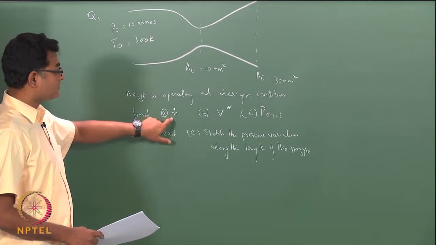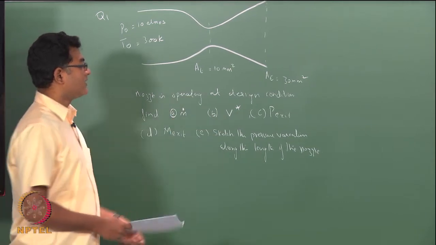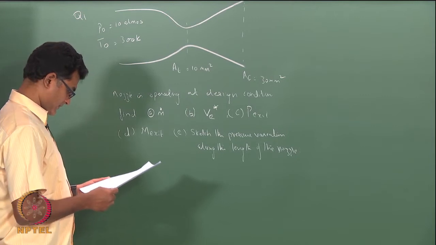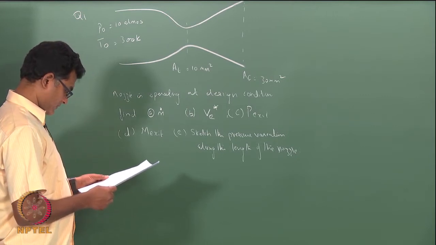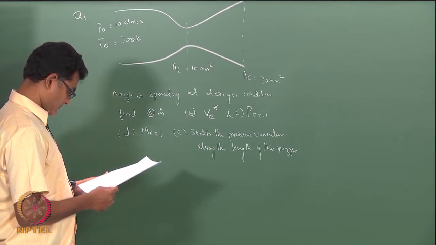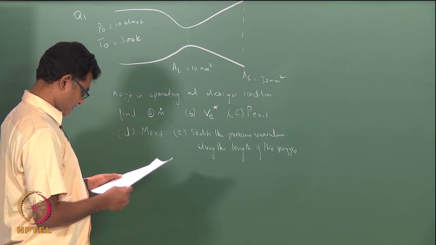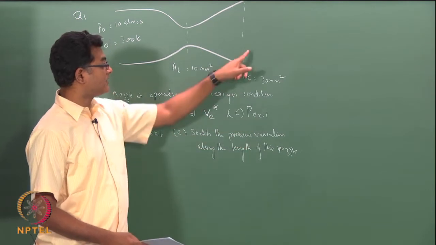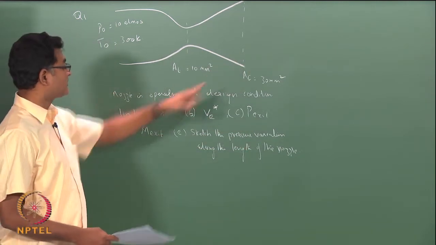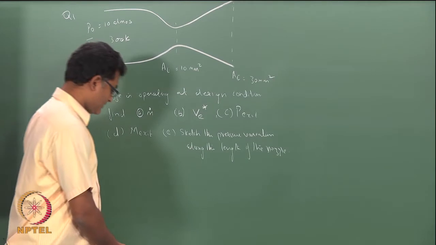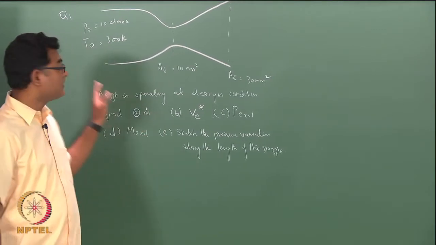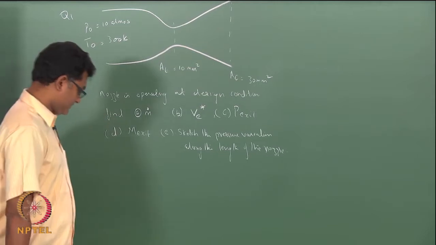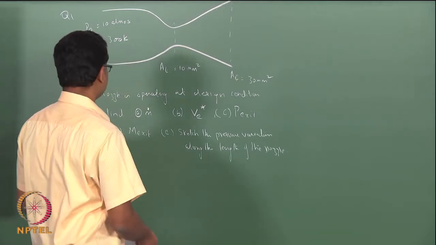Find the m dot, V star at the exit, P exit, the static pressure at the exit, Mach number at the exit, and sketch how the pressure varies along the length of the nozzle. Okay.